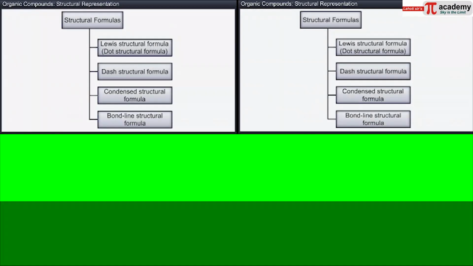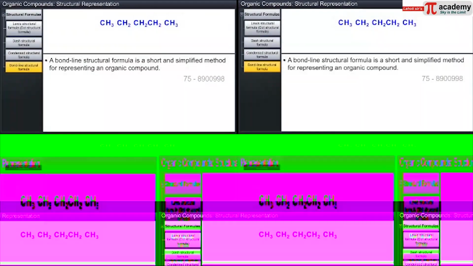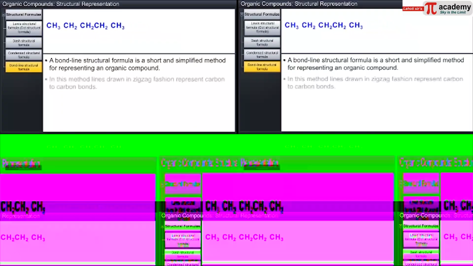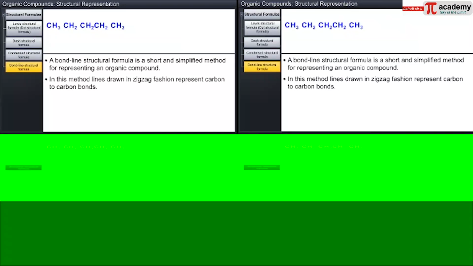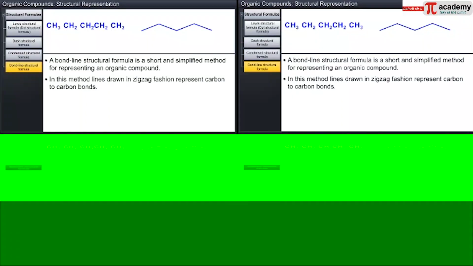Finally, let's look at the bond line structural formula. A bond line structural formula is a short and simplified method for representing an organic compound. In this method, carbon-to-carbon bond is represented by lines drawn in zigzag fashion.